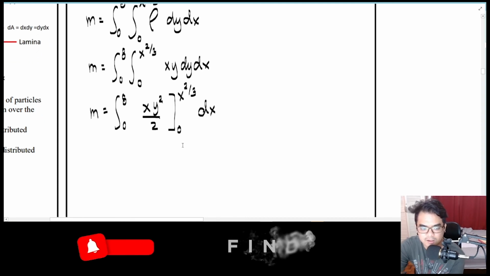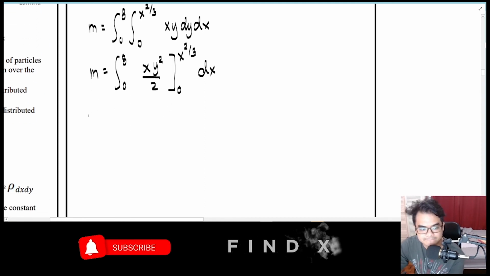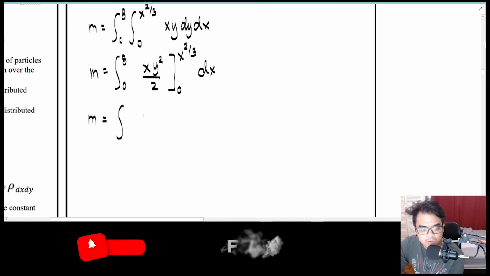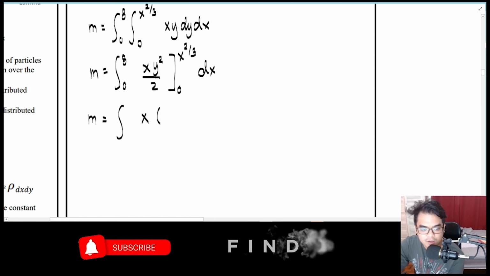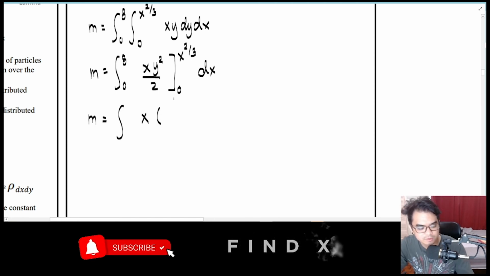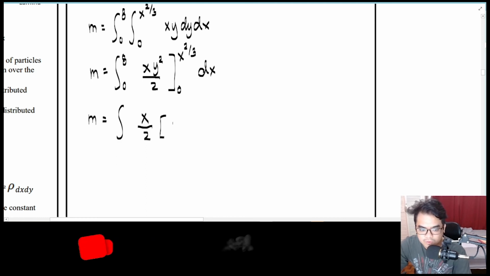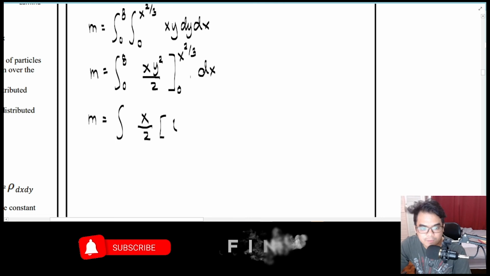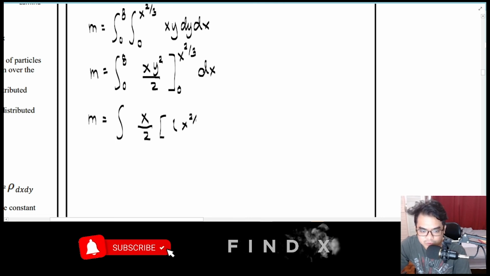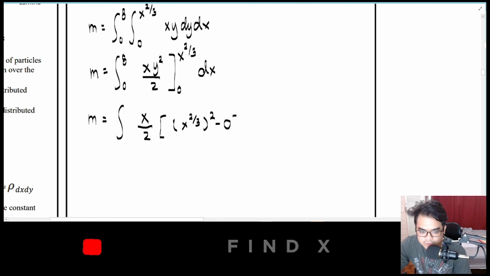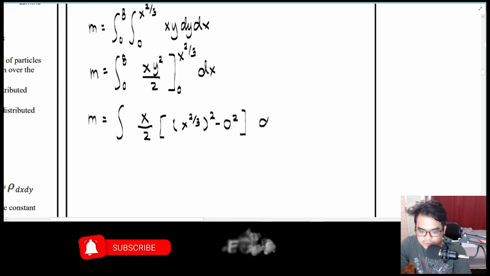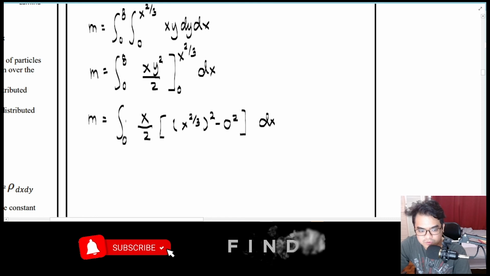So the integral of x over 2, and applying the limits, you'll have x raised to 2/3 squared minus 0 squared, dx, and then the outer limits are 0 to 8.